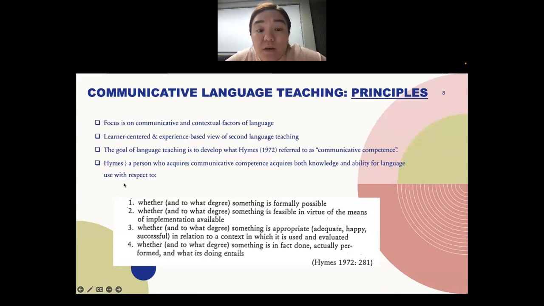He says that communicative competence requires both knowledge and ability for language use with respect to whether something is formally possible, whether something is feasible in virtue of the means of implementation available, whether and to what degree something is appropriate, adequate, successful in relation to the context in which it is used and evaluated, and whether something is in fact done, actually performed, and what doing it entails.